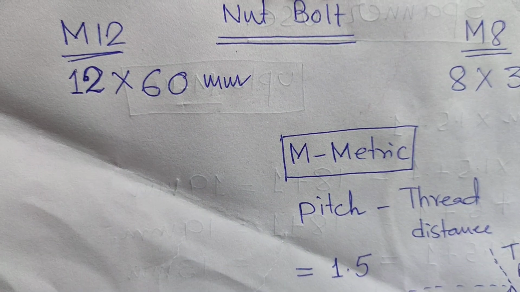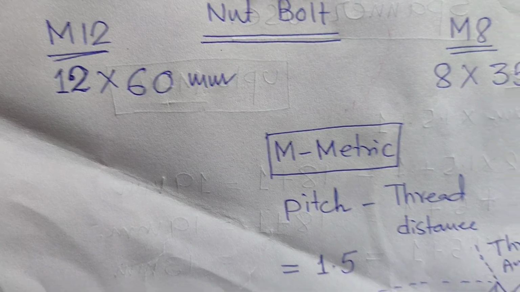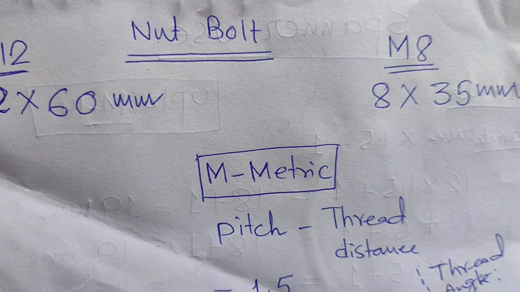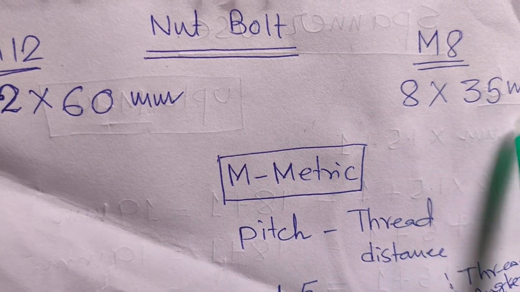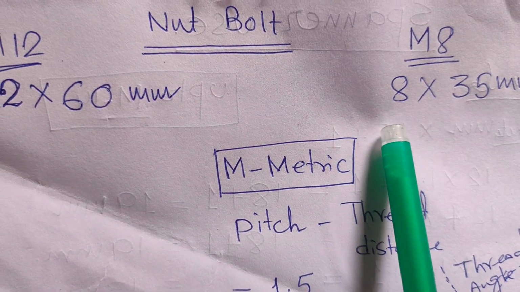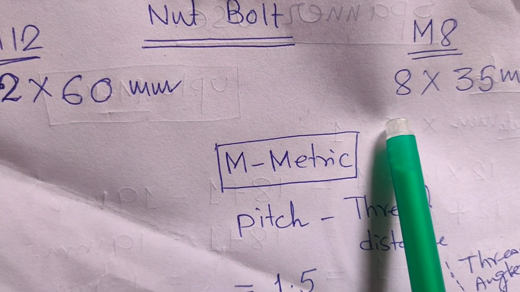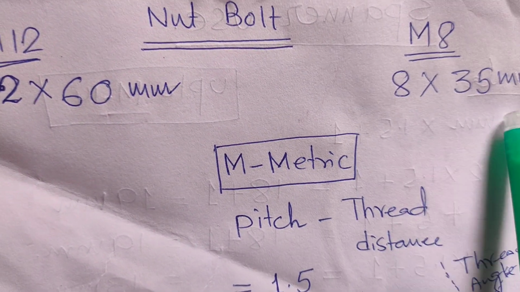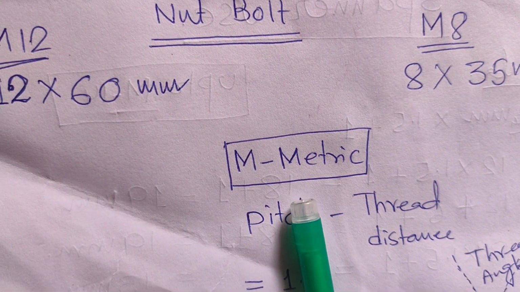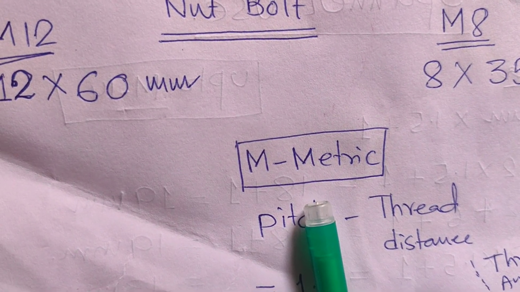Now we have discussed M12 into 60, and we are also considering 8 into 35, that is M8. In M8 into 35, 8 is the diameter of the bolt shank and 35 is the length of the bolt, the threaded part.